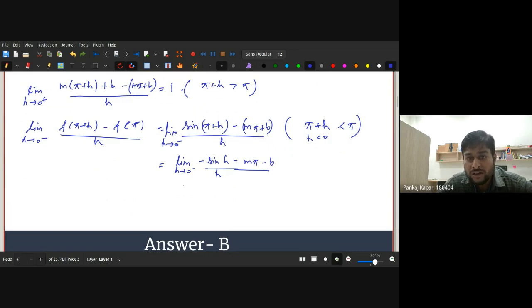Okay, notice that this limit, we can actually write it like this: limit h goes to 0 of minus sin h divided by h.